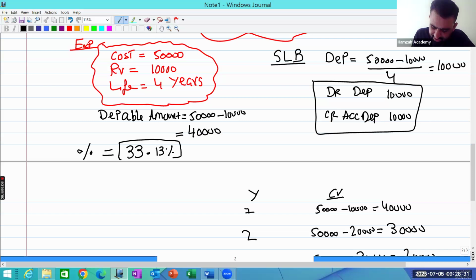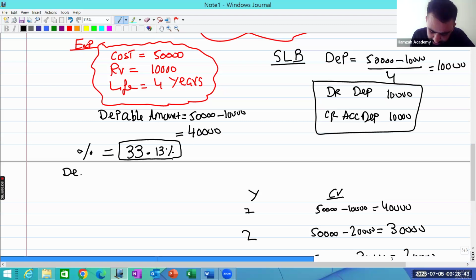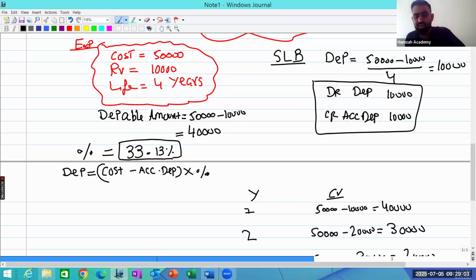This is the percentage to be used if I am using the reducing balance method. This is the rate of depreciation. And in reducing balance, let me remind you, the formula to calculate the depreciation is cost minus accumulated depreciation, multiplied by percentage.